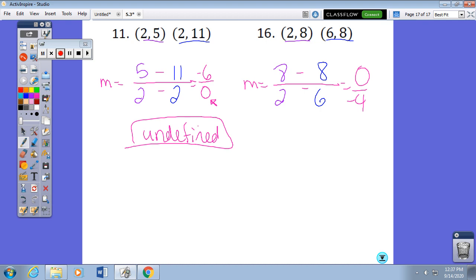It's called undefined. Now if I put this in my calculator, I'm going to get an error, or it'll say can't divide by 0. This one here, 0 divided by -4, my calculator gives me a 0. So my slope here is 0. Okay. And that's what we have for finding slope from 2 points.